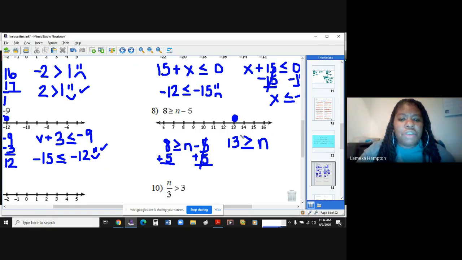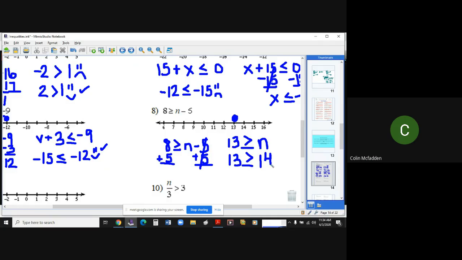Okay. So Miss Philomena chose 14. So we are going to substitute the number 14 for the letter n. Is this a true statement? Is 13 greater than or equal to 14?